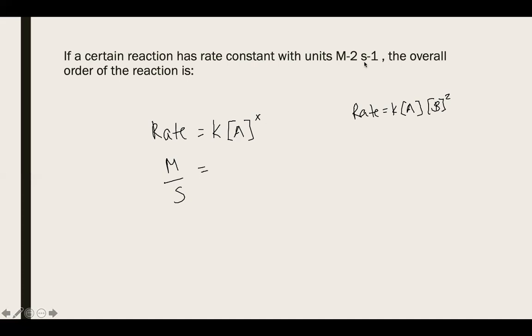You're given that your rate constant k is 1 over molarity squared and then seconds. If you have these negative exponents, that just means they go in the denominator of the fraction.